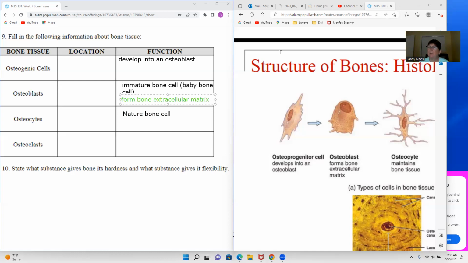Okay, remember we talked about the extracellular matrix, which we said was the protein fibers and the ground substance. So the extracellular matrix is the protein fibers and the ground substance. And that's what the osteoblast forms. Now the osteocytes maintain the bone tissue.